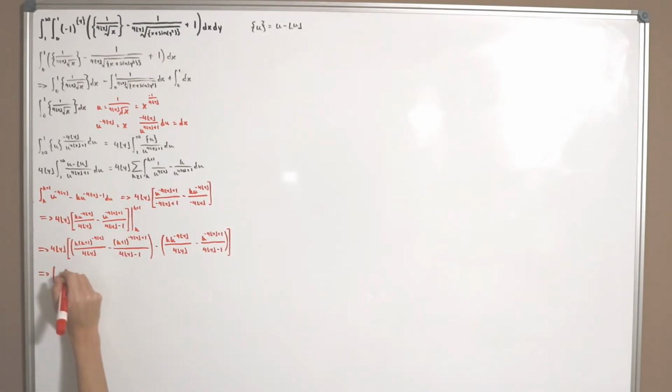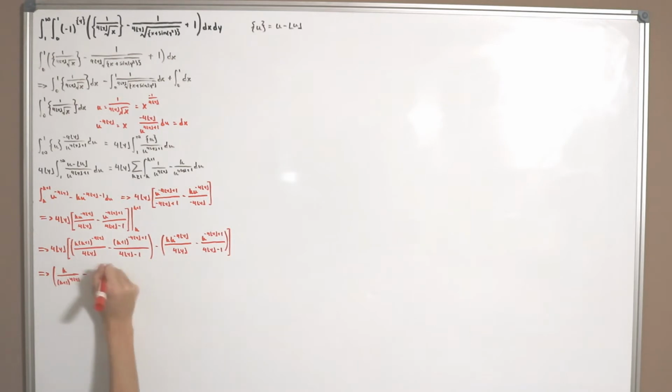We get k divided by k plus 1 to the power 4 floor y, and then subtract that from k divided by k to the 4 floor y.